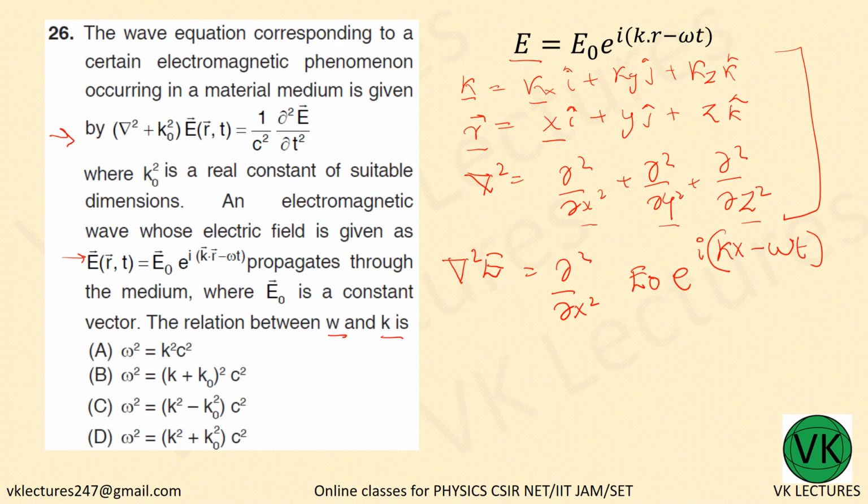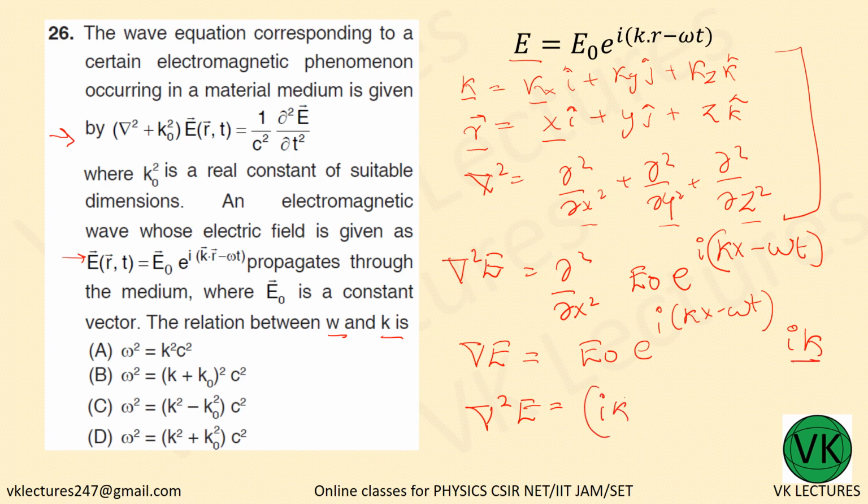Now what is del E? Del E is E naught into the derivative of e to the power i kx minus omega t, which is e to the power i kx minus omega t into ik. Then del squared E will be ik squared into E naught e to the power i kx minus omega t.